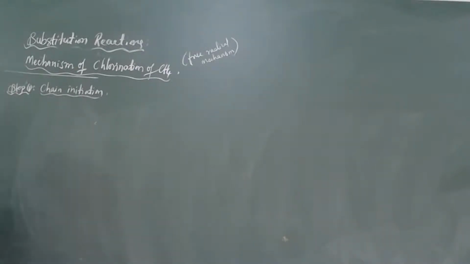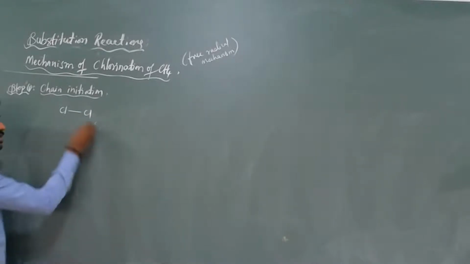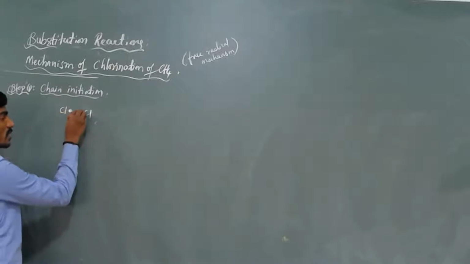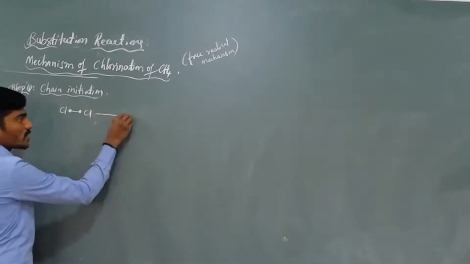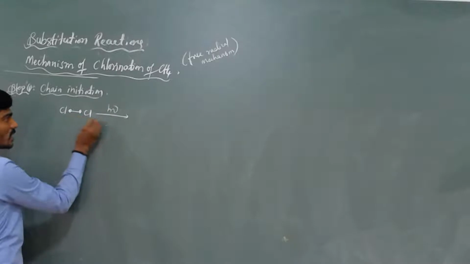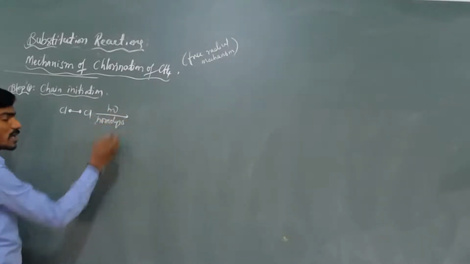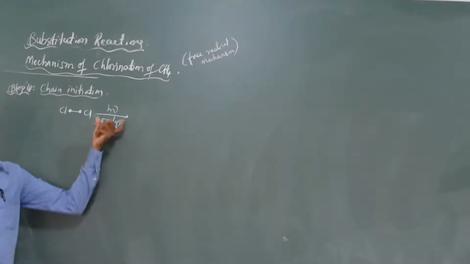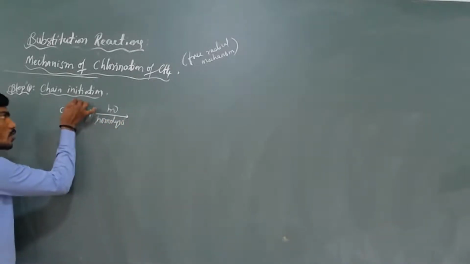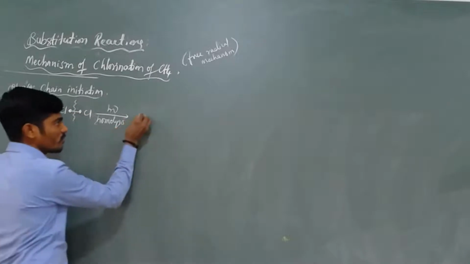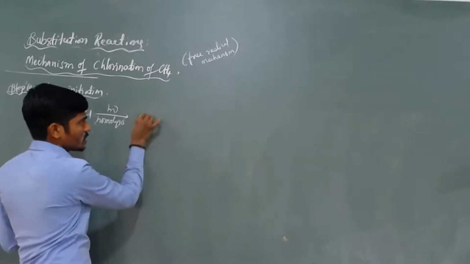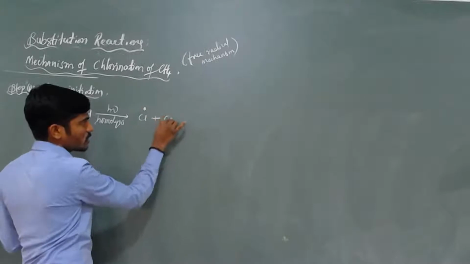When X2, that is halogens, particularly Cl2 in chlorination, as you know both atoms are the same, so the bond is non-polar. In the presence of sunlight, it undergoes homolytic bond cleavage, homolysis. This results in the formation of free radicals: Cl dot plus Cl dot.